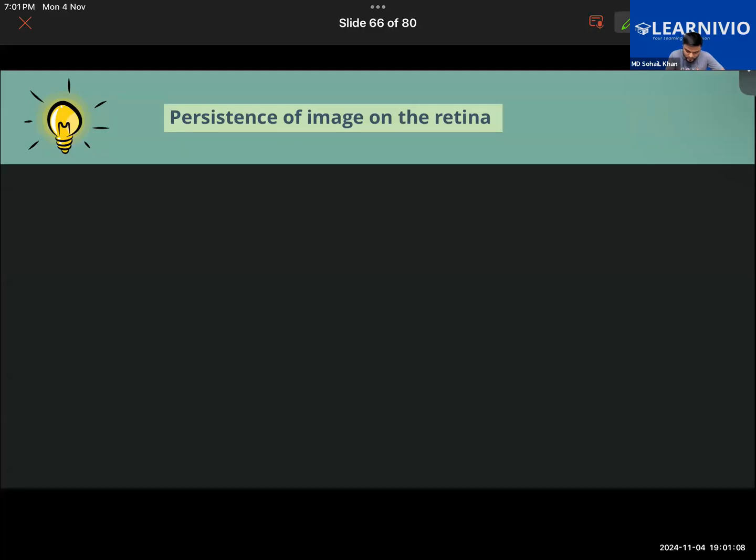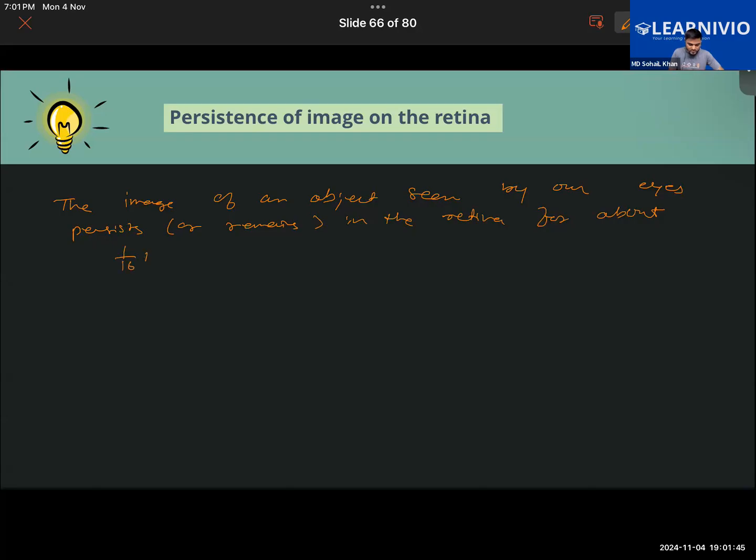So the persistence of image basically says that the image of an object seen by our eyes persists or remains in the retina for about 1/16th of a second.